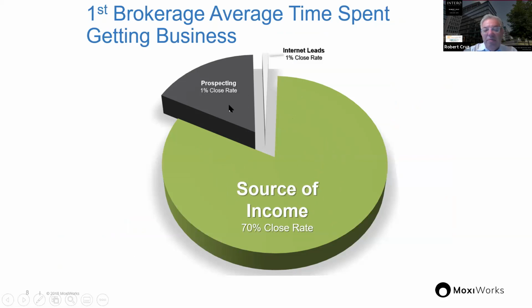And so don't be fooled by this. When we say prospecting, the prospecting is the job you must do to fill your source of income, your SOI, eventually your advocates, your clients, past clients, and things like that. So I'm not saying this is bad. This is very necessary. But if you think you're always going to get all your business from here, and all your activities or lack thereof are focused on this, you will suffer.